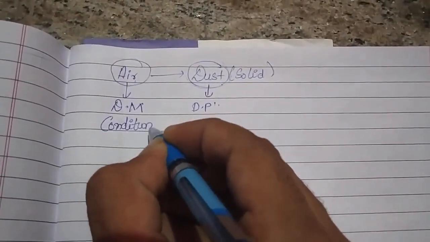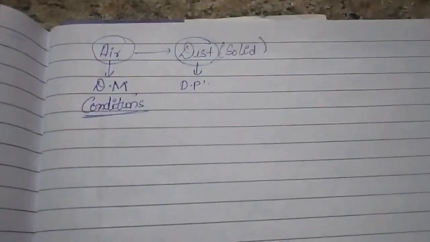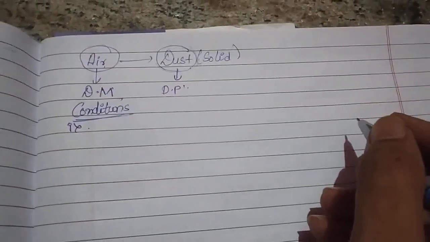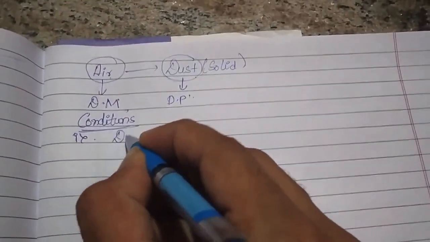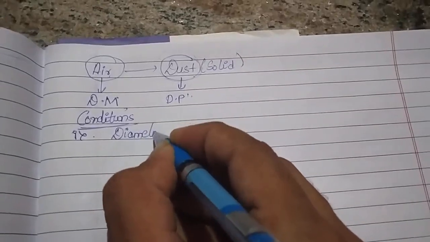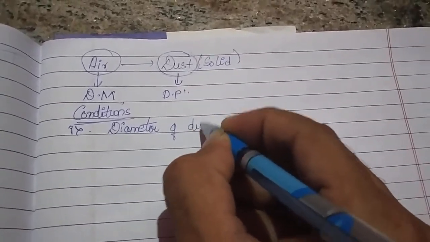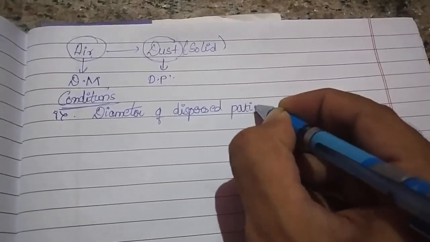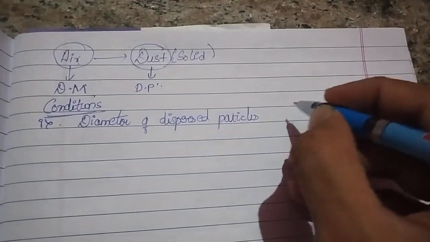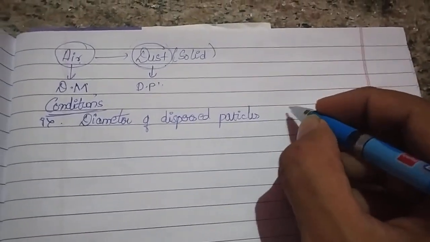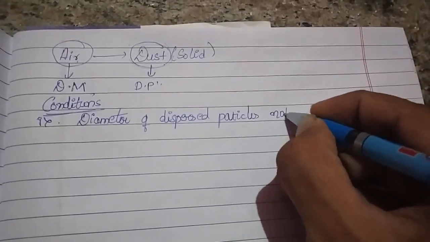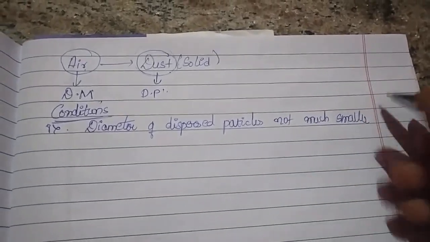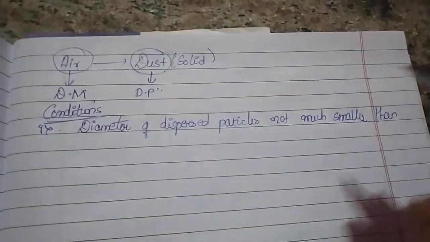What are the conditions which facilitate your Tyndall effect? One important condition I would like to mention, remember: the diameter of your dispersed particles should not be much smaller than the wavelength of the light used.